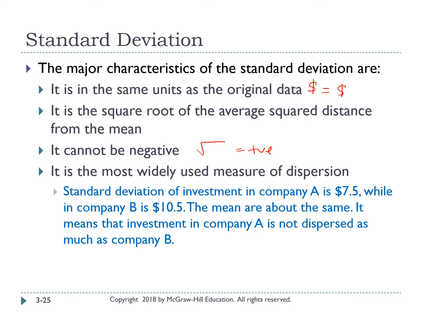Okay, so let's look at an example to understand standard deviation better. The standard deviation of investment in company A, let's assume, is about $7.5, while the standard deviation in company B is about $10.5. Let's assume that the means of these two companies are about the same. So it means that the investment in company A is not dispersed as much as in company B. What does it mean?